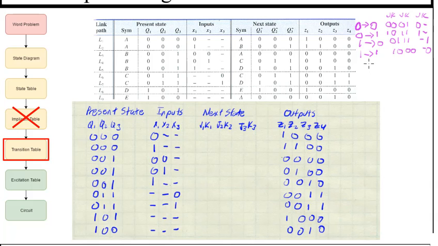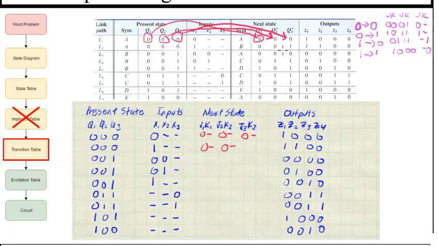I start off by looking at this 0 going to this 0. And that's going to be a 0 dash, and I write it right here. This 0 goes to this 0, so that's another 0 dash. And this 0 goes to this 0. So that's another 0 dash. Okay, I've got a 0 going to a 0, that's another 0 dash. 0 going to a 0, another 0 dash.